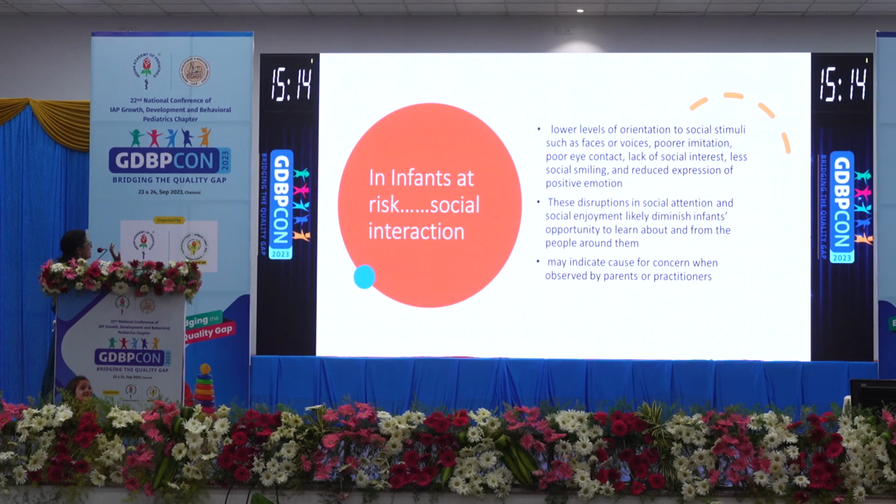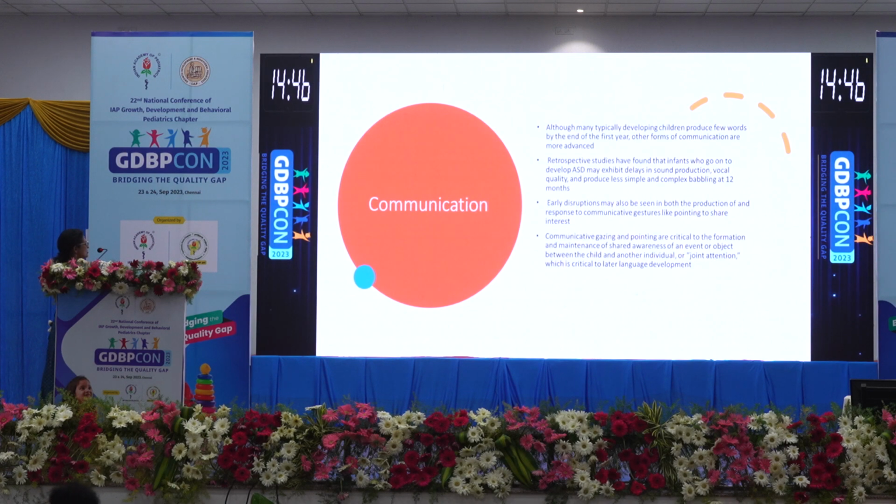In the first year of life, babies at risk have lower levels of orientation to social stimuli such as faces or voices, poorer imitation, poor eye contact, lack of social interest, less social smiling and reduced expression of positive emotion. And these will diminish their opportunity to learn about or interact with people around them. And this, as we all know, can cause concern to both parents and practitioners.